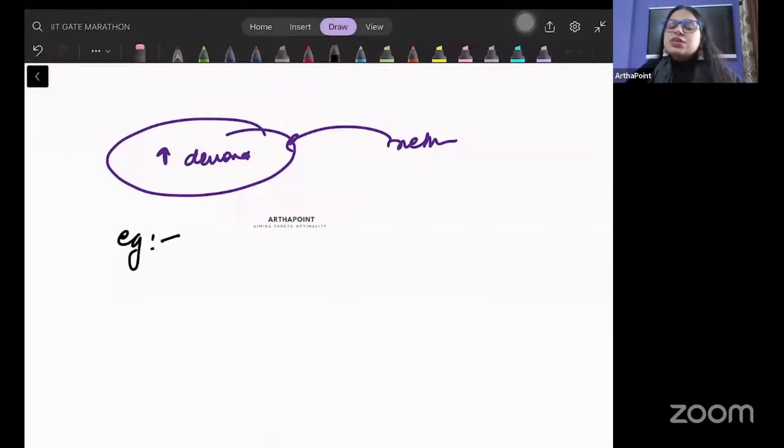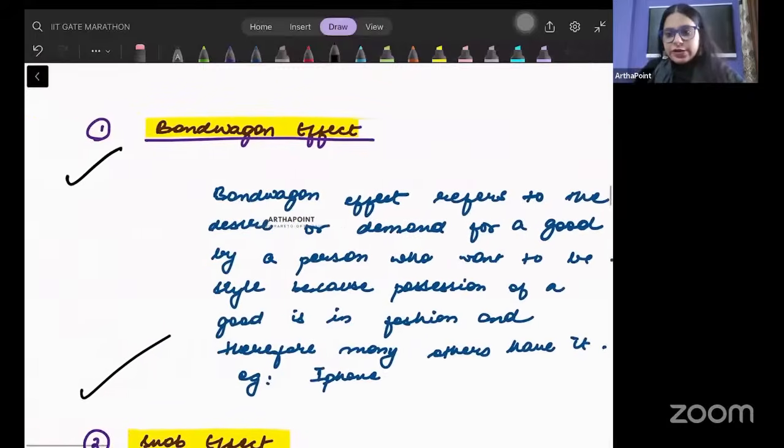So that is a bandwagon effect. मतलब because you are influenced by fashion. जैसे आजकल there is so much social influencers, right? So if I just look at those influencers and I just wear whatever they are wearing, I am demanding a particular good. मैं उस चीज की demand इसलिए कर रही हूँ because the other people are telling me कि ये चीज तो fashion में है. Then that is known as a bandwagon effect.